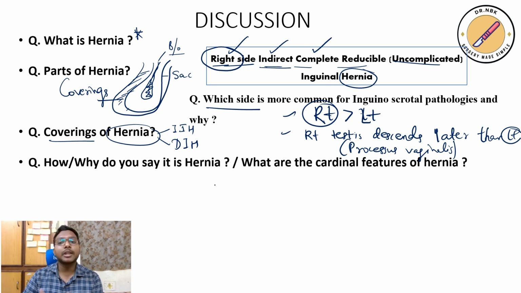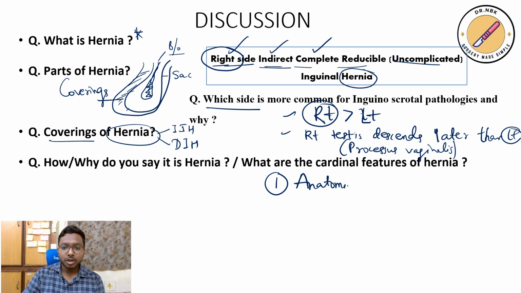Or the question can be what are the cardinal features of hernia? Or the examiner can also ask you like this, how do you justify it is a hernia? All the four questions, the answer is same. So the first one you need to tell is anatomical location of swelling within the hernial sites.